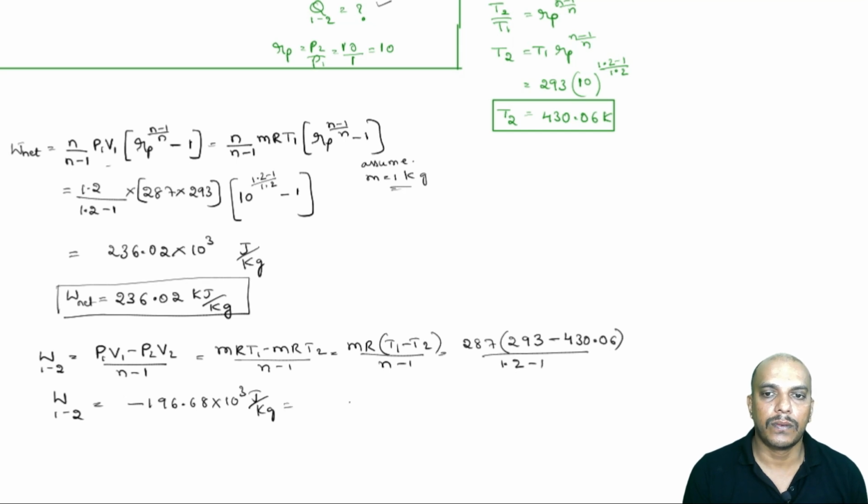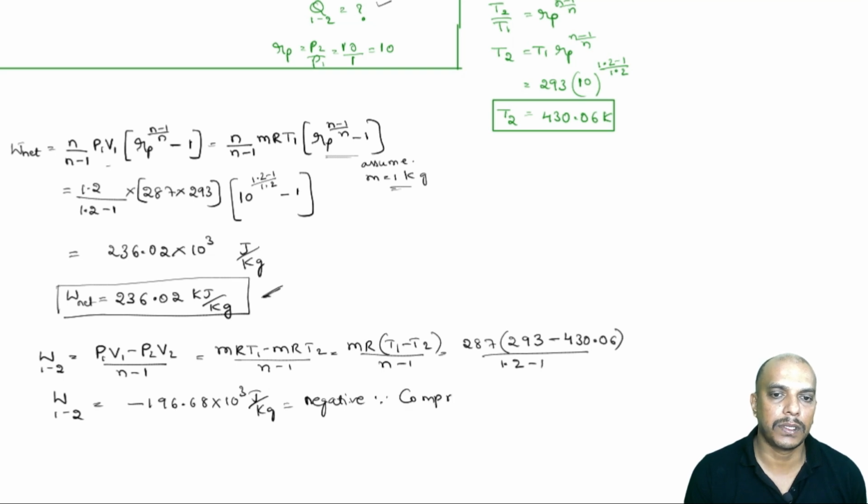We have modified the equation so that we do not have to handle the negative sign every time. Work net is also going to be negative in fact, but we modified the equation; the actual equation was 1 minus Rp power n minus 1 by n. Anyhow, the work is negative because it is a compression process.